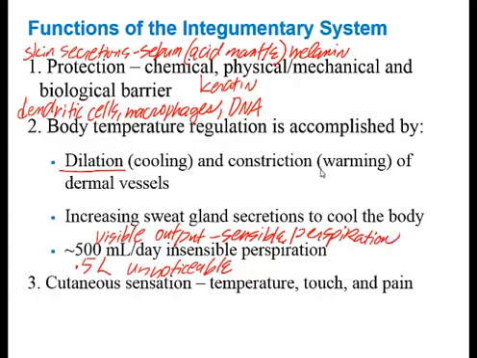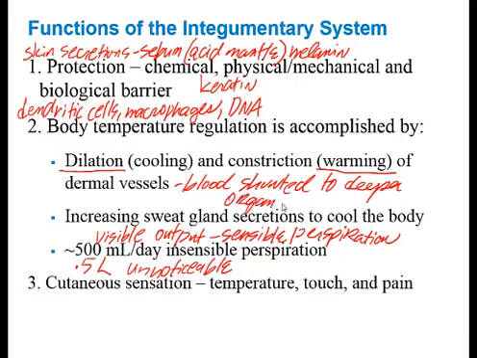So in order for our body to warm itself, there's going to be constriction of these dermal blood vessels, and the blood is actually going to be shunted to deeper organs to help to warm us. And as you know, one of the other mechanisms that happens is we start to shiver, so our skeletal muscles are going to start to contract in this case.